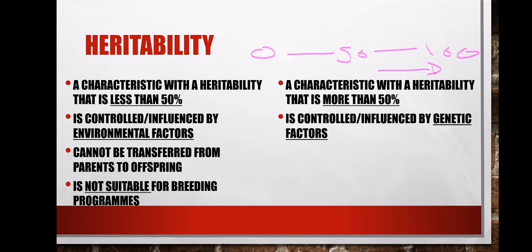And a characteristic that is controlled by genetic factors is a characteristic that can be transferred to what? To the offspring. So if this characteristic can be transferred to the offspring, it simply means that it is good for a breeding program.